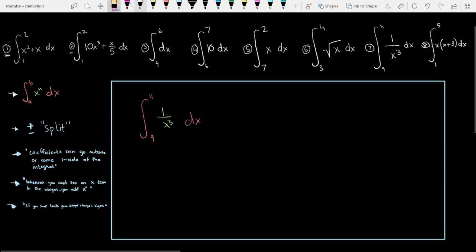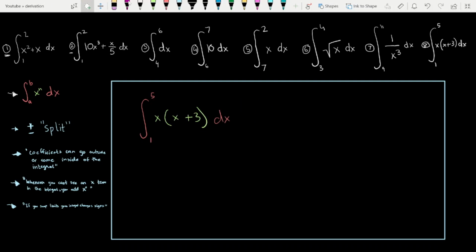So this is going to look something like this. That's our integral, and it's going to be x raised to the power minus 3, because we just took the denominator to the numerator. And of course this one is just going to multiply with this x, so you can write this simply as x raised to the power minus 3.